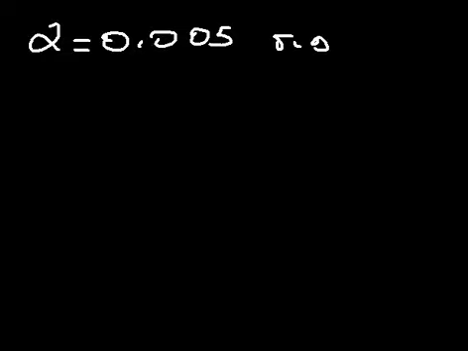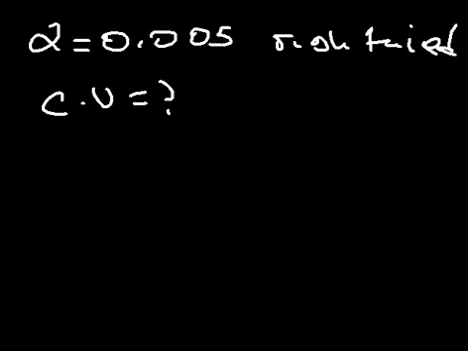So what if it is to the right-hand side? How do we get the critical value in that case? Let's say alpha is equal to 0.05, right-tailed. What would be the critical value?